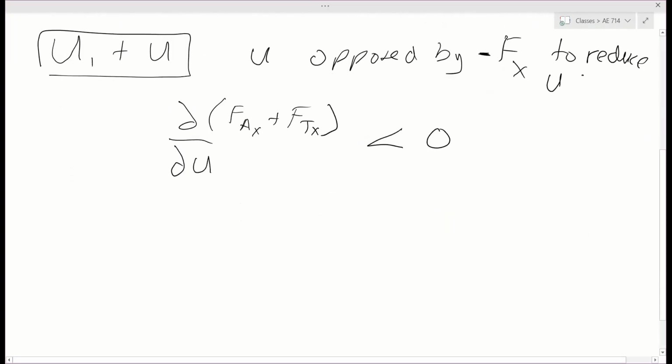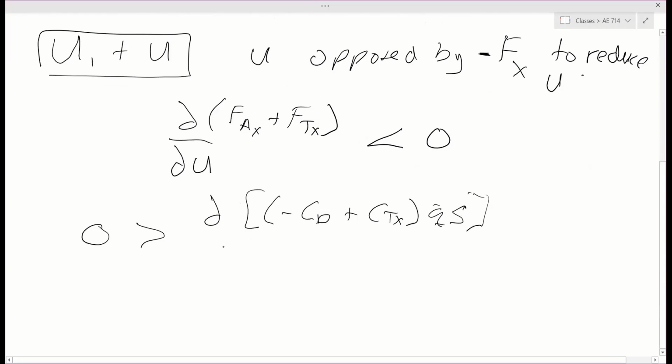But aerodynamically, we talk about the x aerodynamic force as being in terms of the negative drag, and then the thrust coefficient. So we're talking about how does the drag change with forward velocity? How does the thrust change with forward velocity?